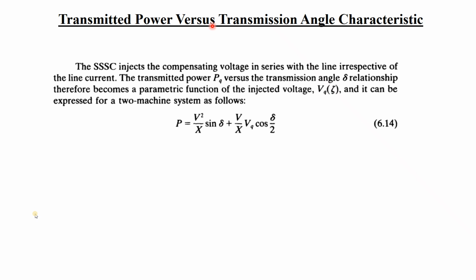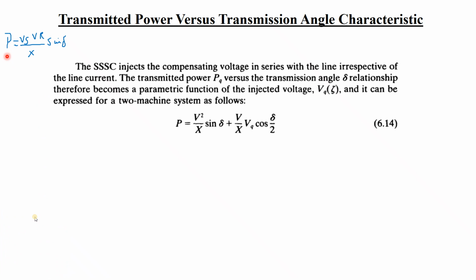So the transmitted power versus the transmission angle relationship therefore becomes a parametric function of the injected voltage. Because generally we know that if I rewrite the equation for the transmitted power, power transmission is equal to the sending end voltage multiplied by the receiving end voltage divided by the line reactance, into the sine of the power angle between them.